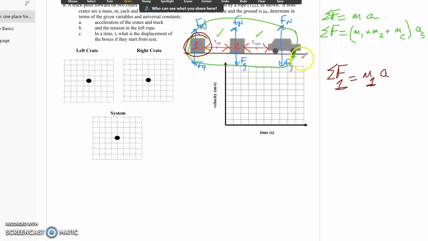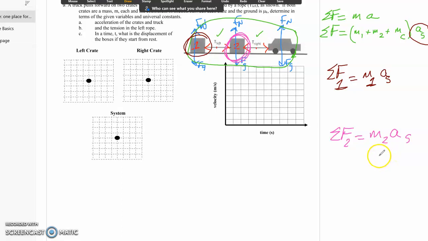The acceleration of all the cars is the same, or the train comes off the rails or crashes or whatever. So whatever this acceleration is, it's the same as this one, right? I could sum on 2, and the sum of the forces on 2 would equal the mass of 2 times the acceleration of the system.